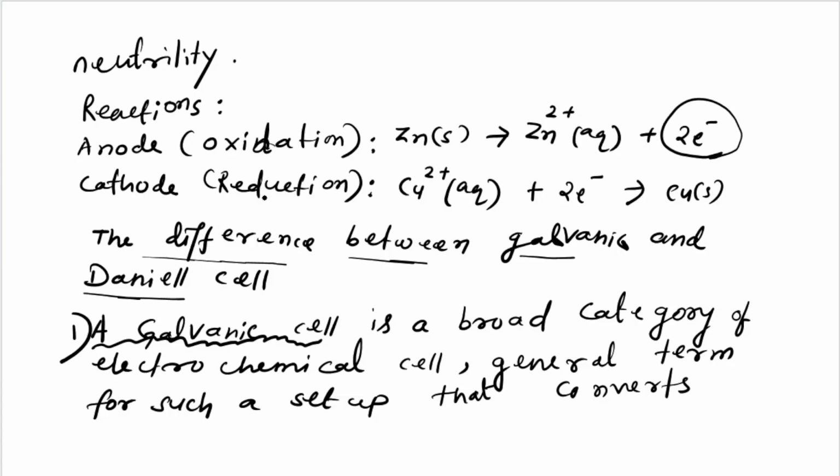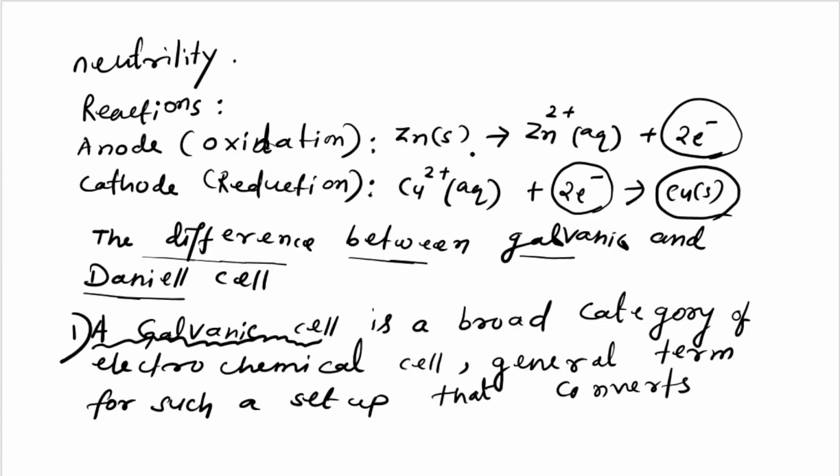At the cathode, that is reduction, Cu2+ aqueous accepts 2 electrons and changes to copper solid. So 2 electrons are gained, which is reduction, and 2 electrons are lost, which is oxidation. So oxidation at the anode, reduction at the cathode.